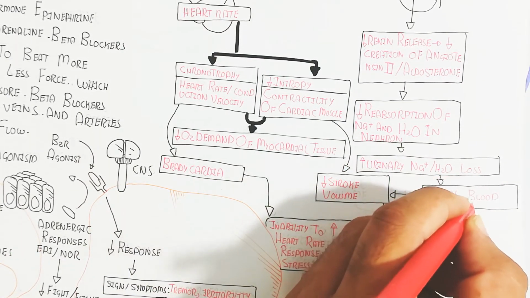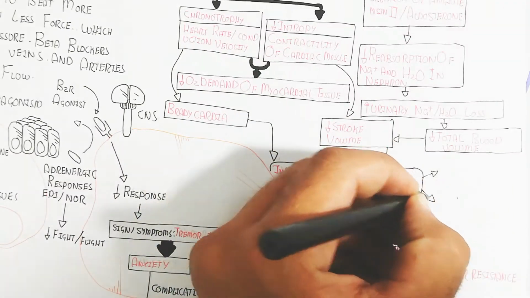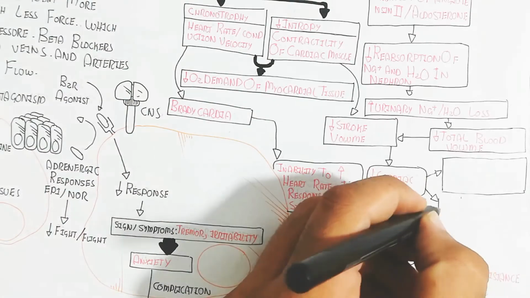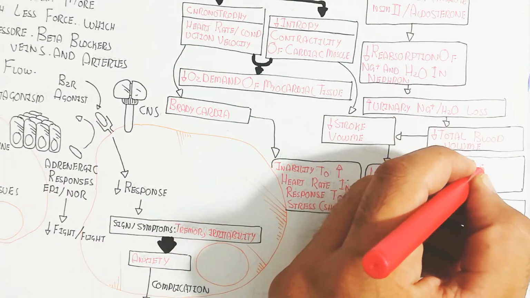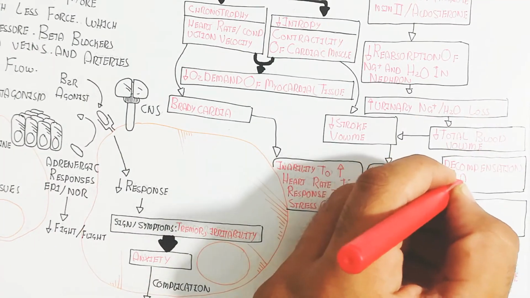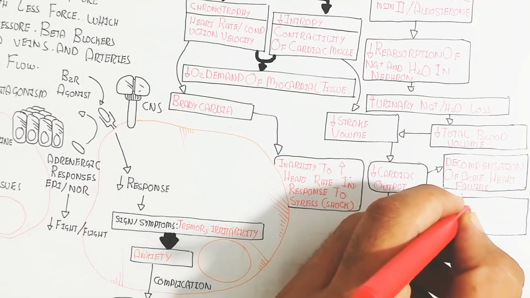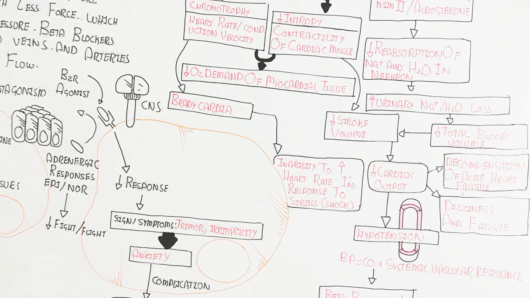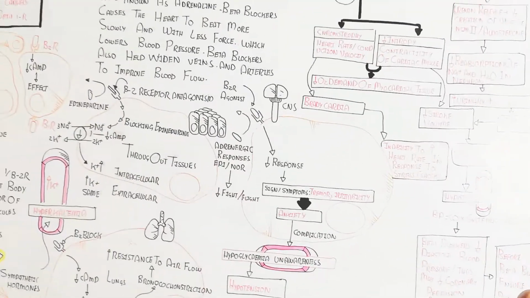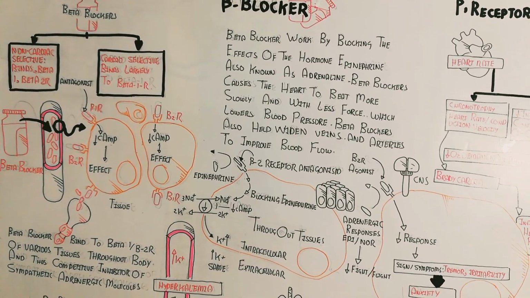In this way, the reabsorption of sodium and water in the nephron will be decreased, and it will lead to increased urinary sodium and water loss. On the other hand, that decreases the total blood volume, and in this way decompensation of acute heart failure, dizziness and fatigue will occur.